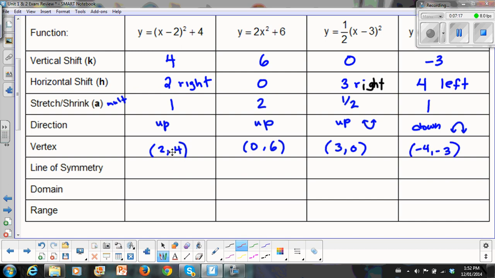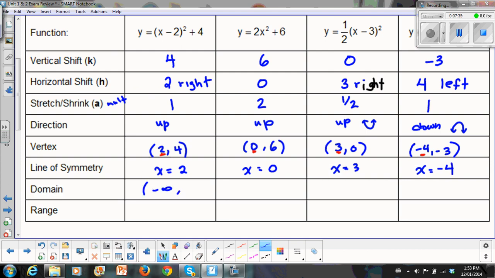And we can now look at the line of symmetry. The line of symmetry is always the x value of the vertex, and that is where the mirror image of the graph is through. So it's always an x equals equation, because it's a vertical line: x equals 2, x equals 0, x equals 3, and x equals -4. When we do the graphing, I will give you a visual to explain.